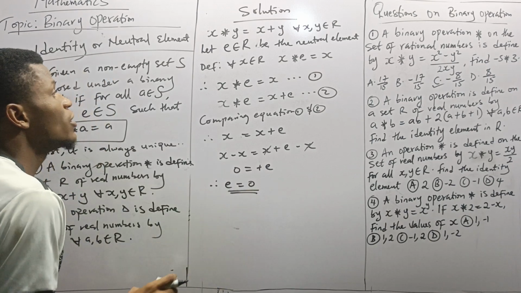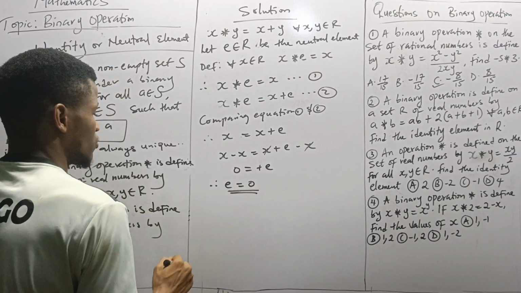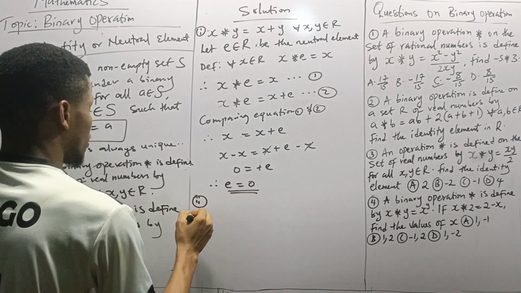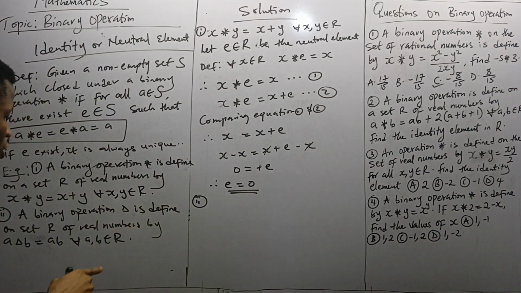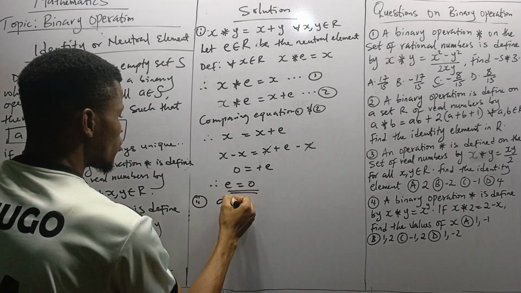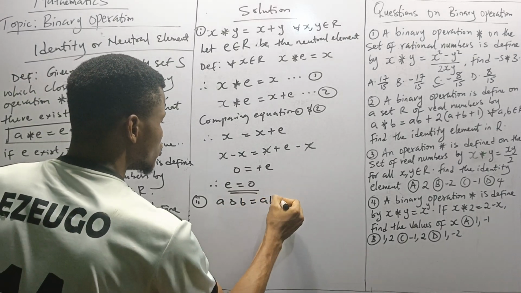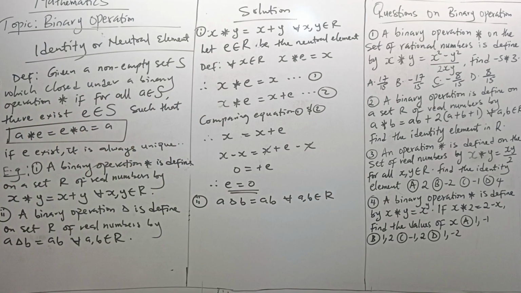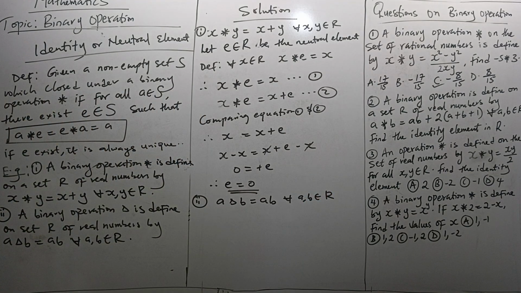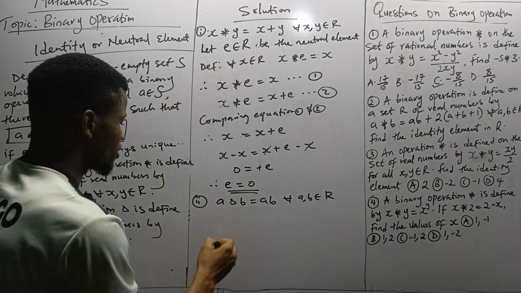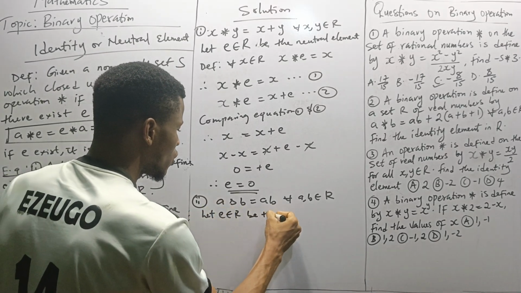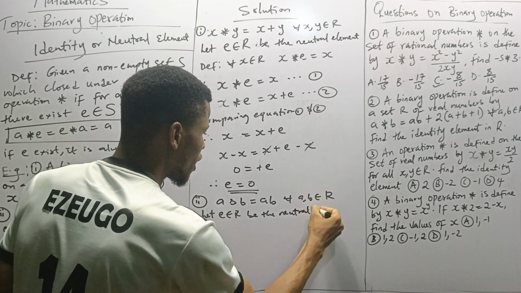So we can try the same in the multiplication operation. This will be our I. Then our II: A operation B is equal to AB for all A, B in R. The same way, we can say let E in R be the neutral element.